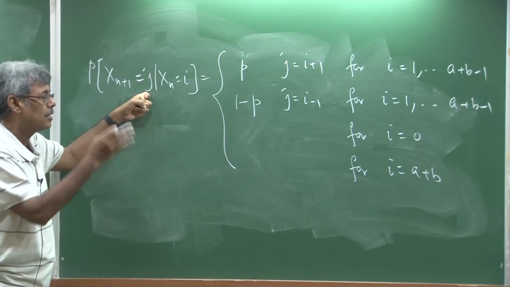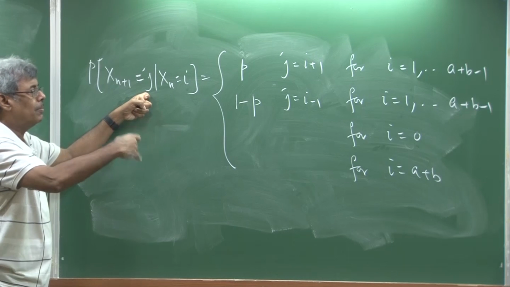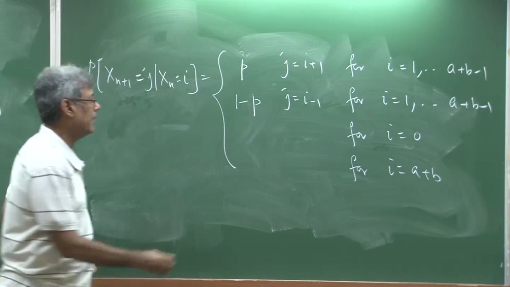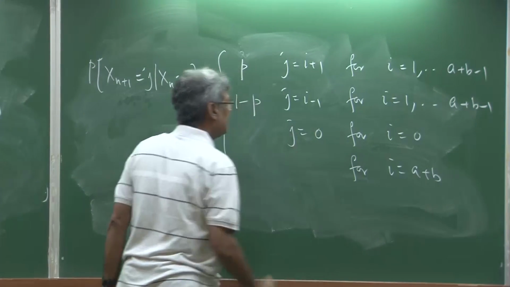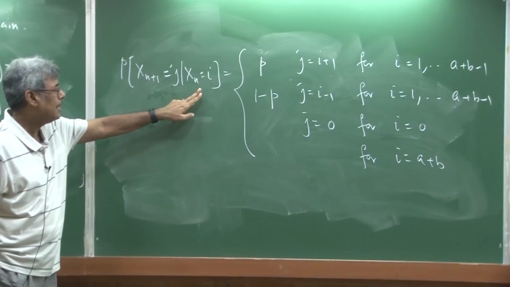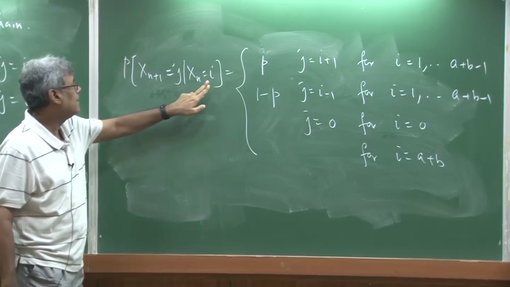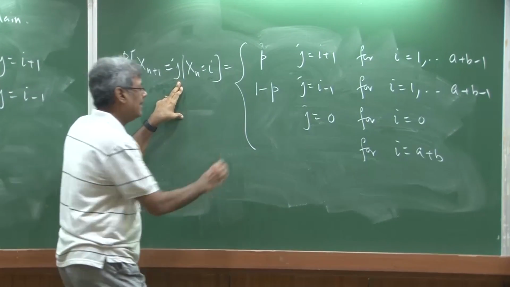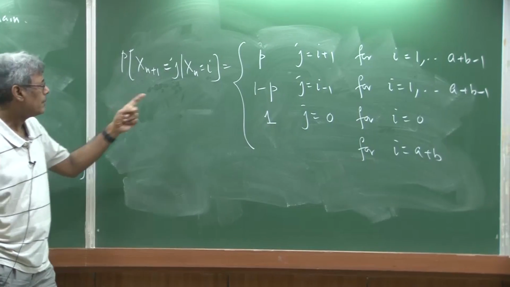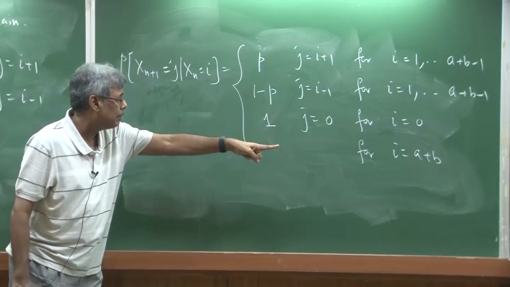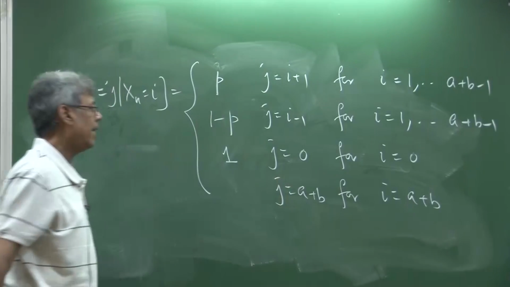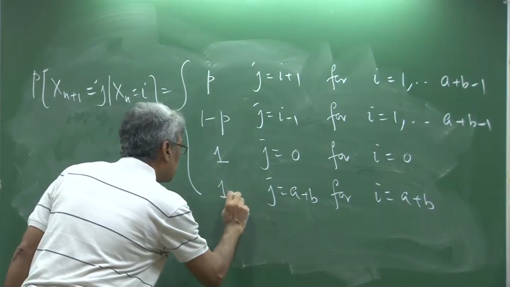There is no other way, because the game has stopped there. From that point onwards he is not going to gain or lose anything. So for i equal to 0, j equals 0 with probability 1. And if i is equal to a+b, then j also has to be a+b, with probability 1.